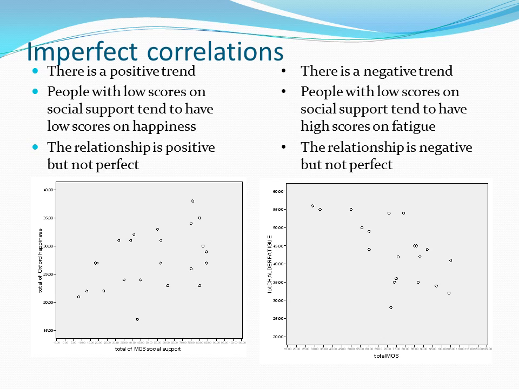So just looking at this, we're saying that people with low scores on social support tend to have low scores on happiness, and that's just following the plot from X and Y. You can kind of see that. It moves in a positive direction, but they're not in equal increments. And the same with the scatter plot on the right hand side.